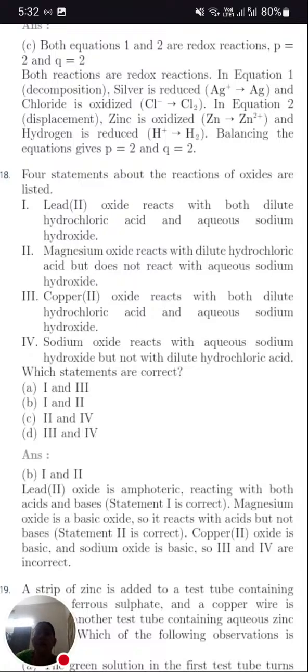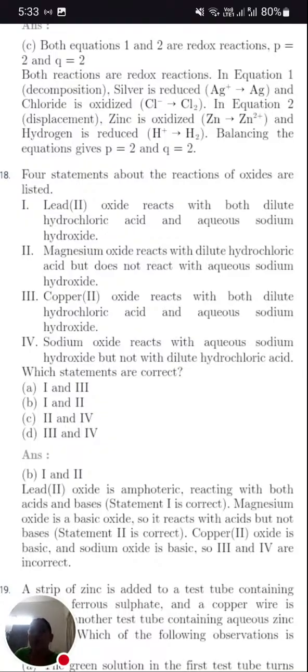So the first one, lead oxide reacts with both. Lead oxide is an amphoteric oxide, reacting with both acid and base, like aluminium oxide, Al2O3, and zinc oxide. Three amphoteric oxides are there. Magnesium oxide is a basic oxide. It is reacting with HCl, and the rest of the 2 are given wrong.